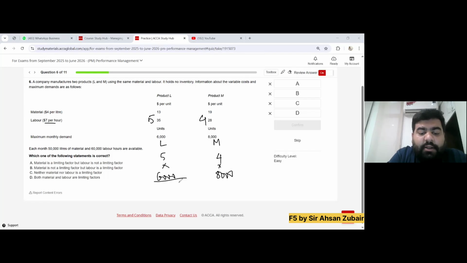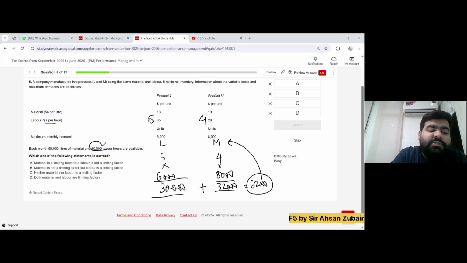That will result in 30,000 total labor hours for L and 32,000 for M. We'll add it, it is 62,000 labor hours required on L and M both, but you have 60,000 labor hours. So this means that both material and labor are limiting factors.